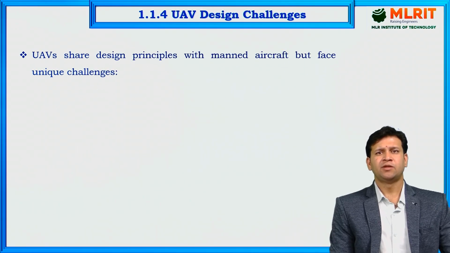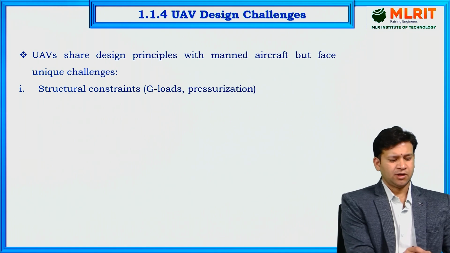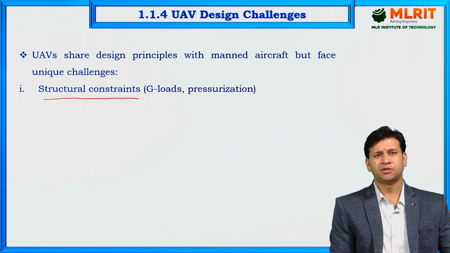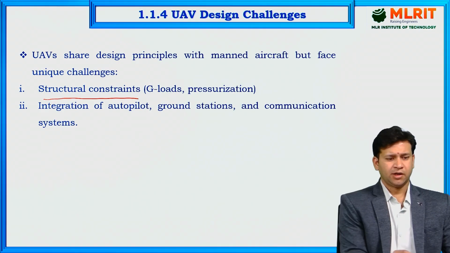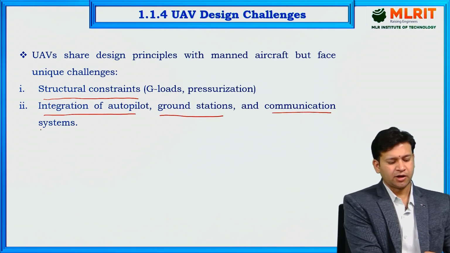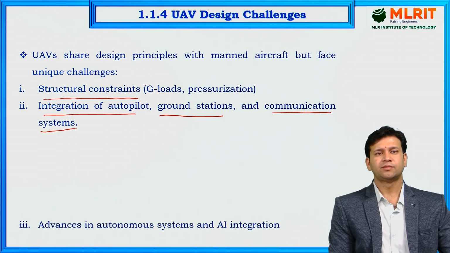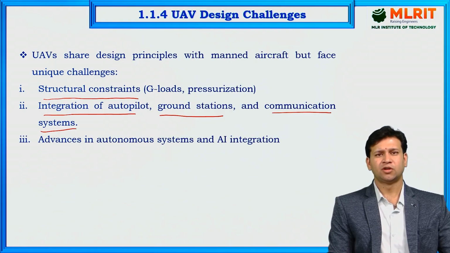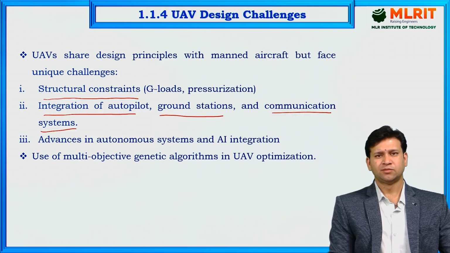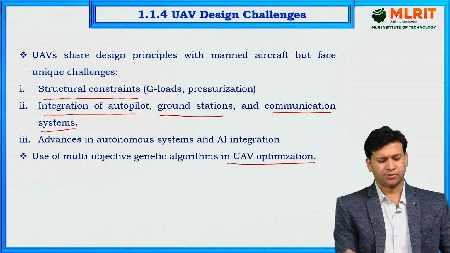UAVs share design principles with manned aircraft but face unique challenges: structural constraints, the G loads and pressurization, integration of autopilot, ground stations, and communication systems, advances in autonomous systems and AI integration, use of multi-objective genetic algorithms in UAV optimizations.